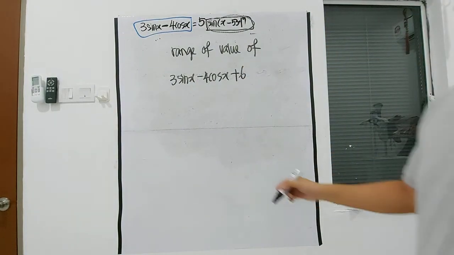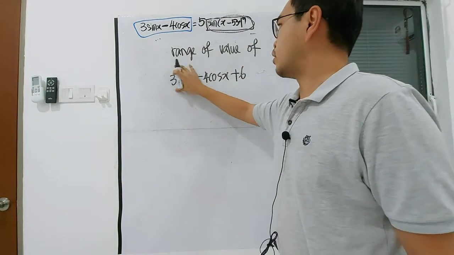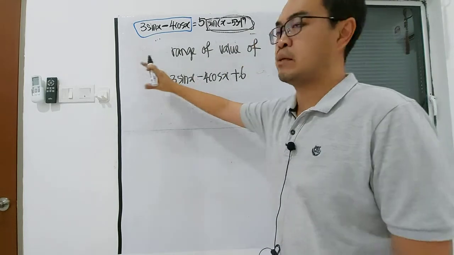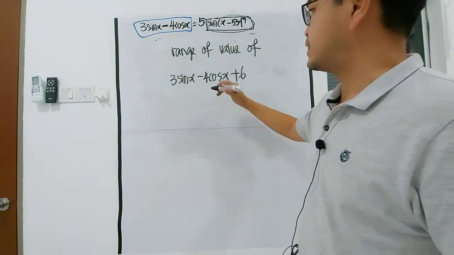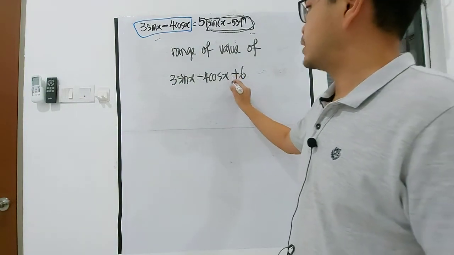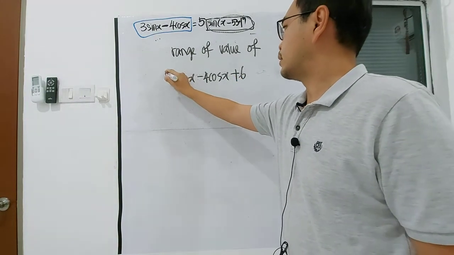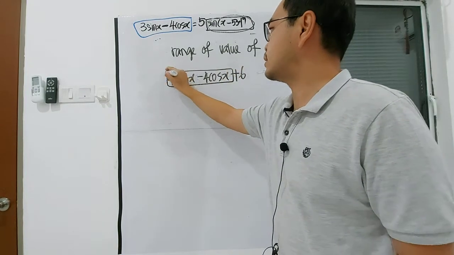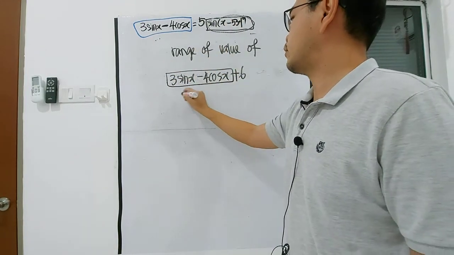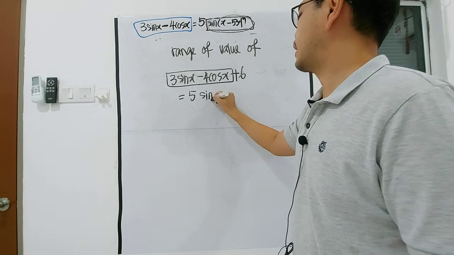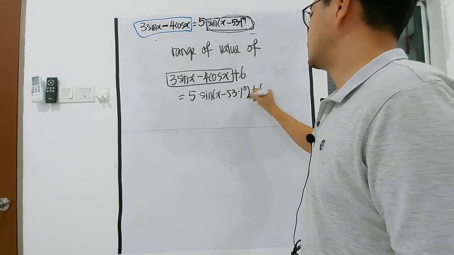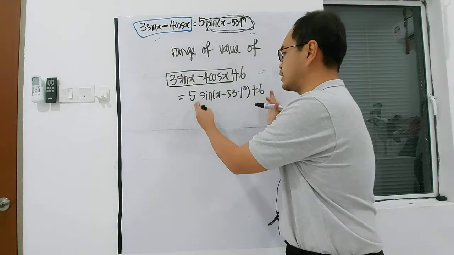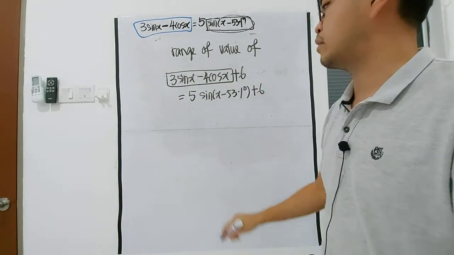So you also know that the range of value means the maximum and minimum value, the range in between. So very simple. What is the maximum value here? Look at this question. You need to write this in this form. So now you have equals 5 sin(x minus 53.1 degrees) plus 6. After you express in this form, you can decide the maximum and minimum value.